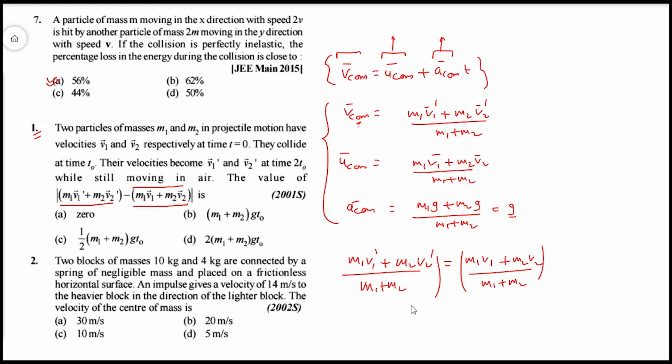So v is equal to u plus a into t for the center of mass, and that t is 2t naught.